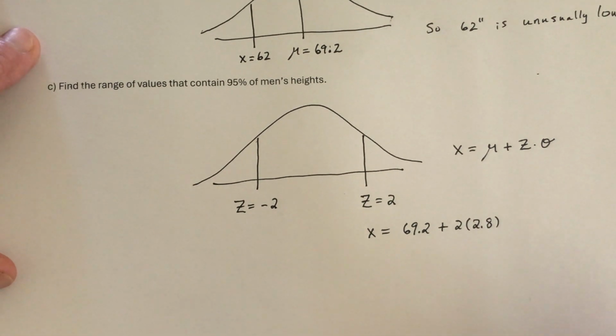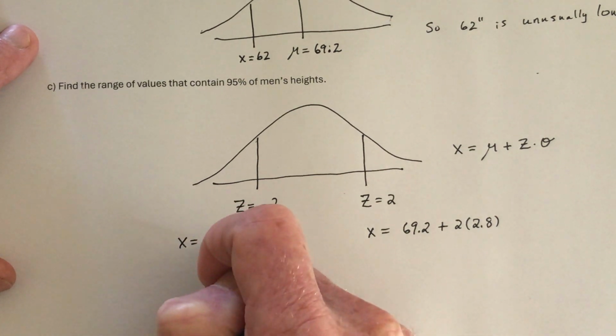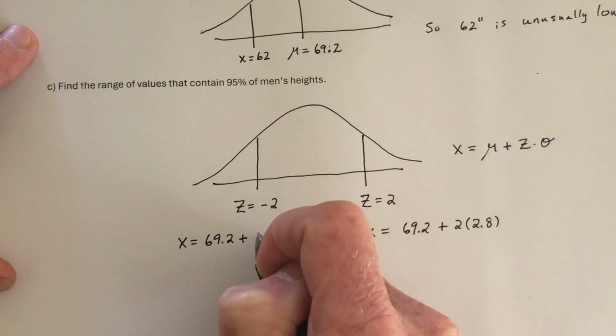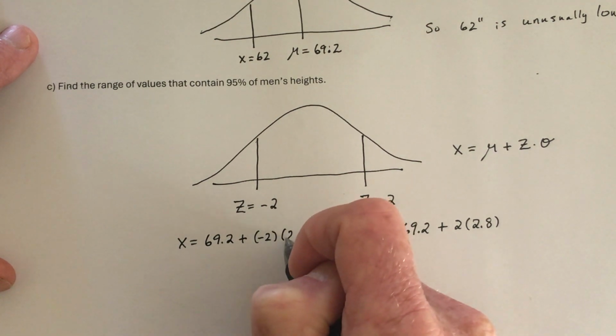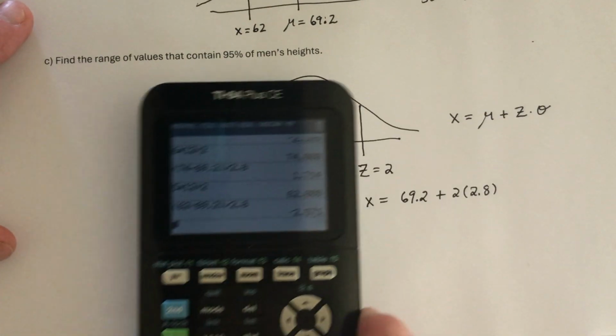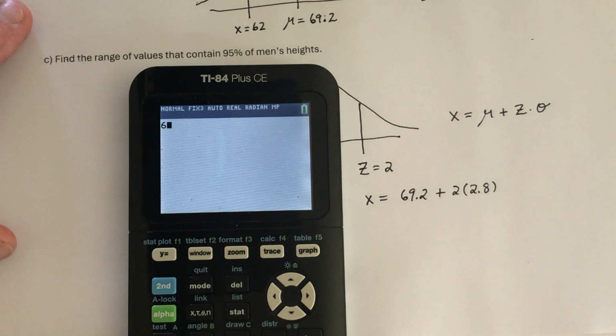Before I use the calculator and finish, I'm going to do the same thing over here. So x equals 69.2 plus, this one's going to be negative 2, times the 2.8. Now for this one on the right, take 69.2 plus 2 times 2.8.